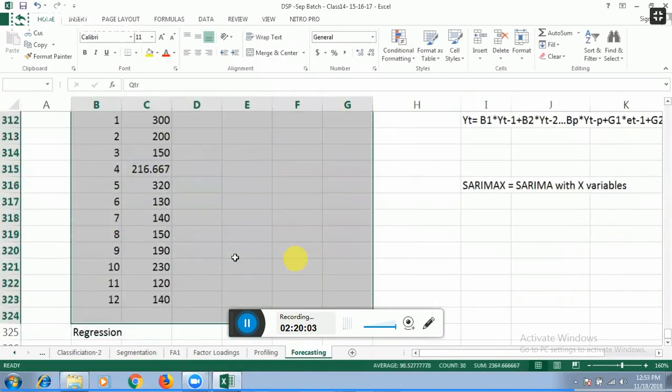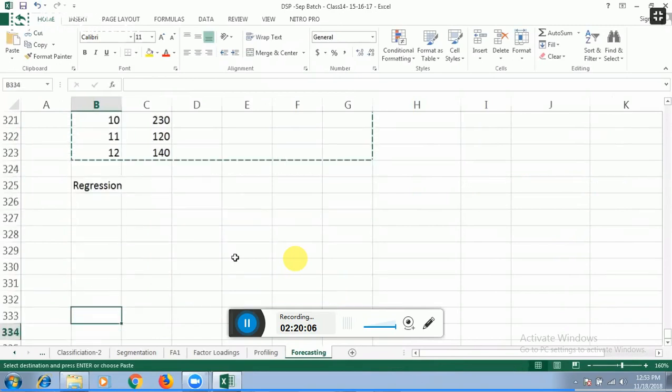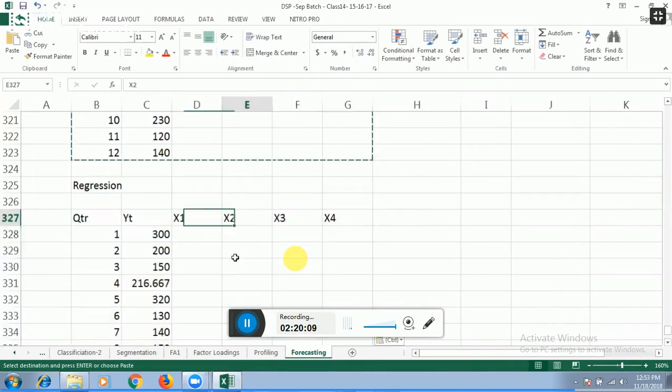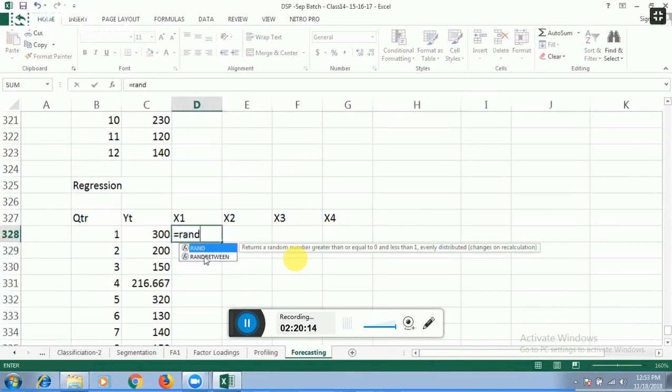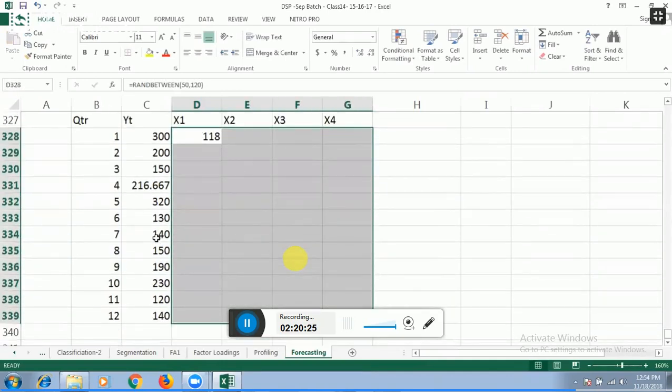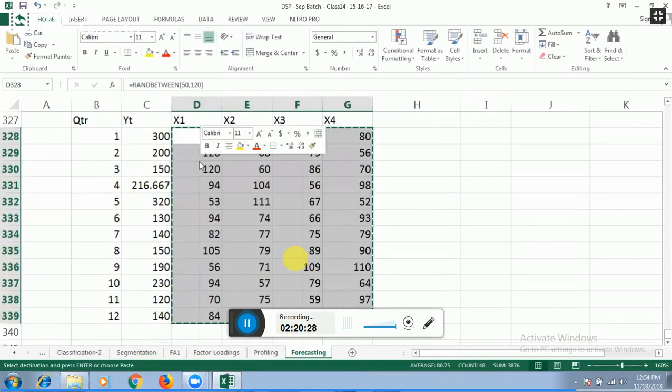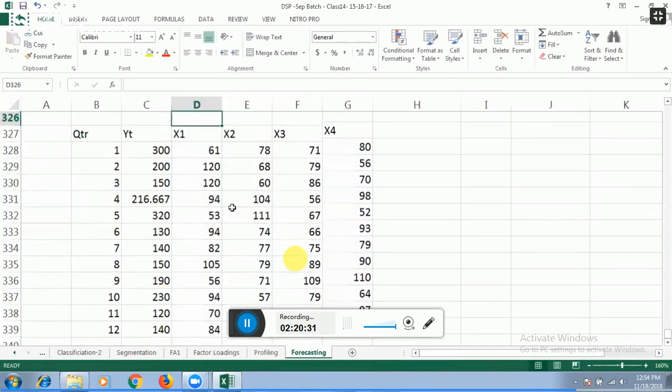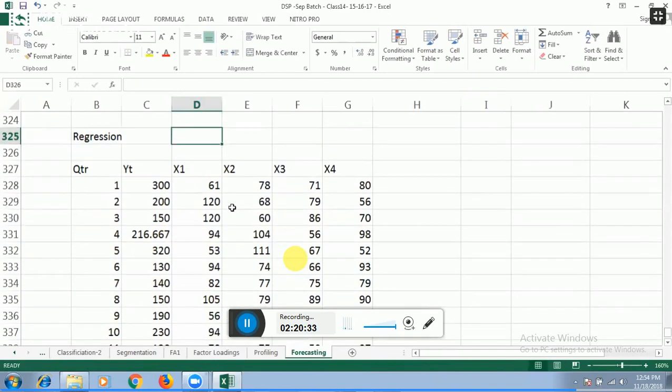Assuming that I have this data, now I want to build the model to forecast for next quarters.